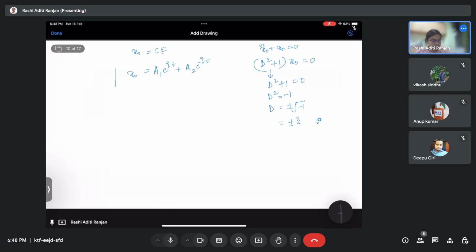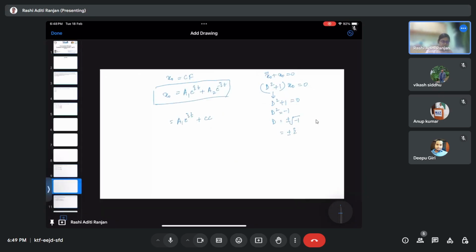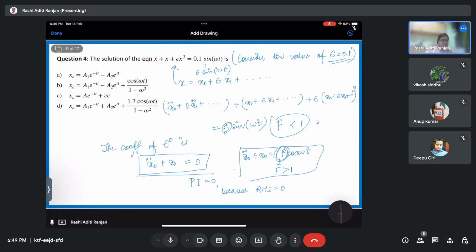This is my x naught. Or I can just write it as a1 e to the power iota t plus cc. So in this equation, if I see, B is incorrect, D is incorrect, A is also incorrect, so C is the correct option for me. Okay, I hope that this is clear.